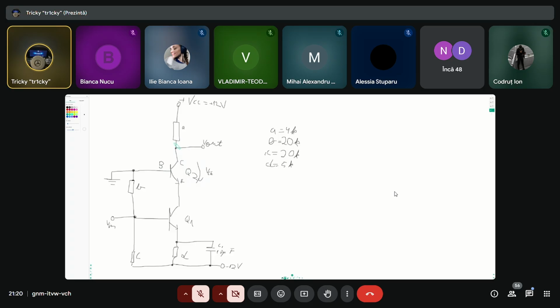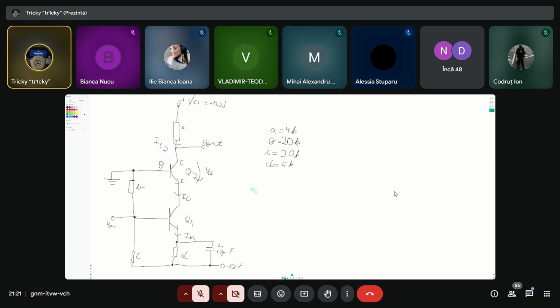Starting here, we'll put it here. We have the current going through the collector. We'll write this as IC2, and this goes down here. This we will not name IE2, we will name as IC1, and I will explain why, and this we can write as IE1.